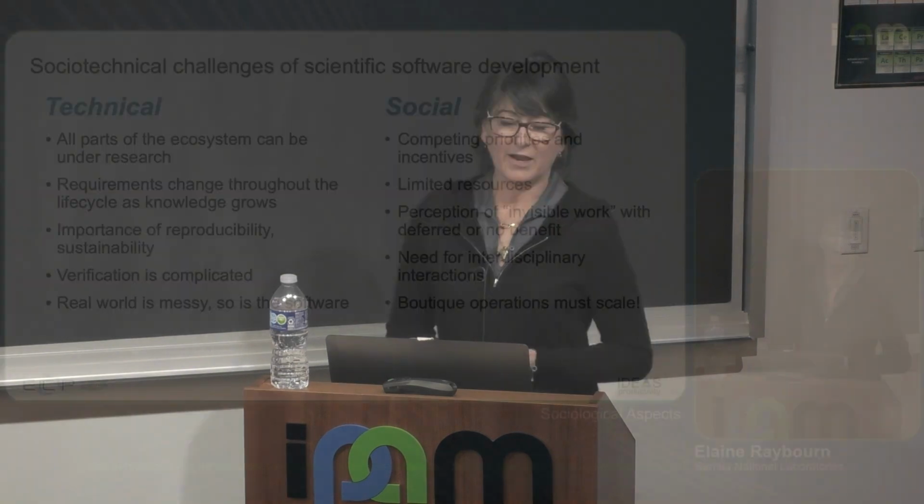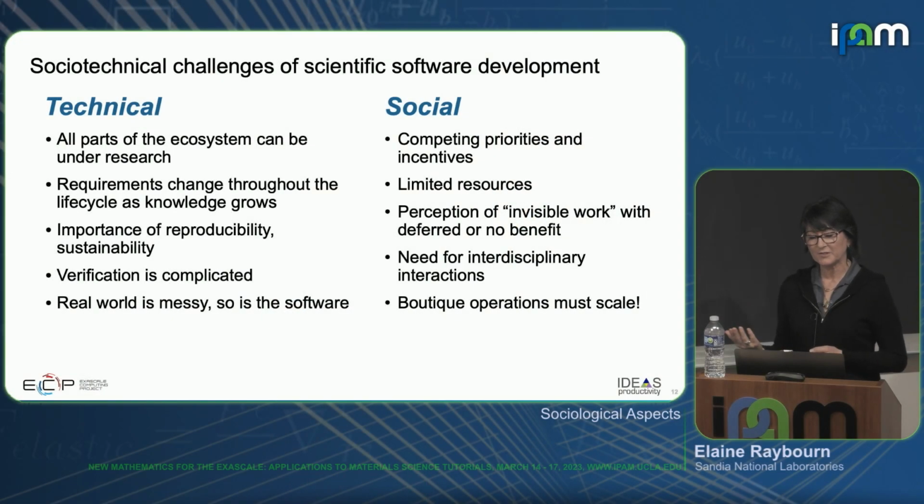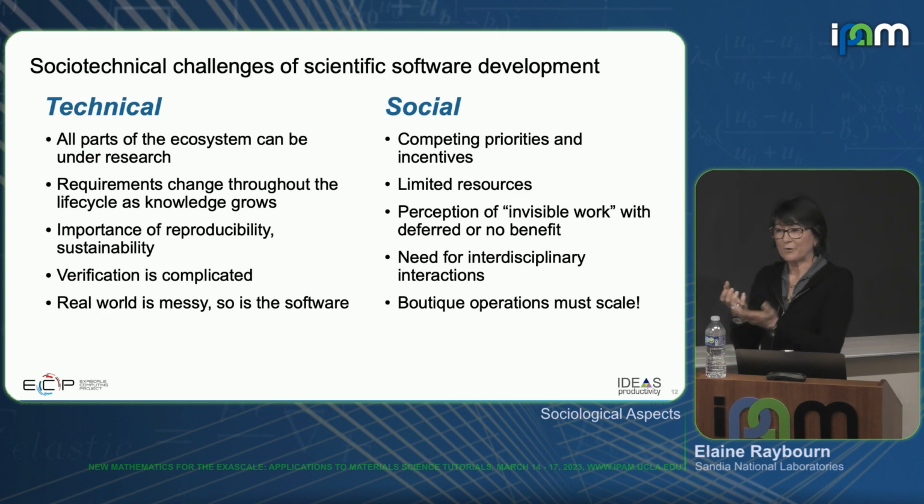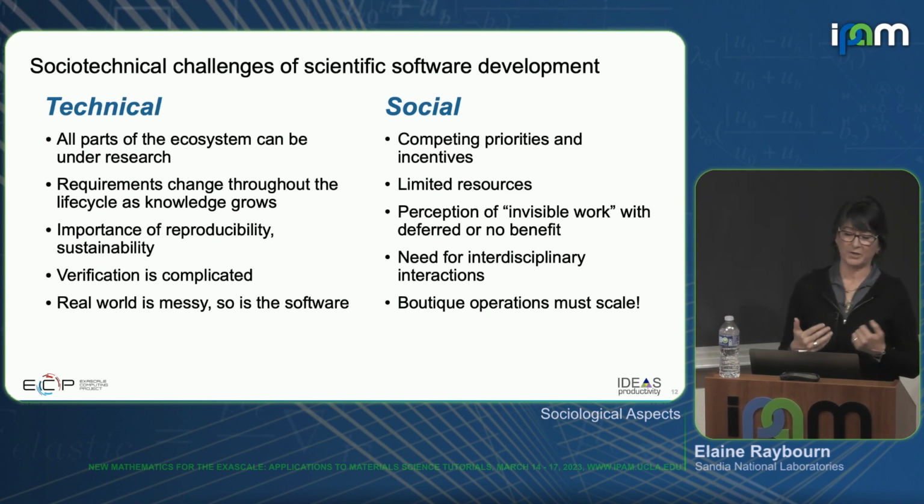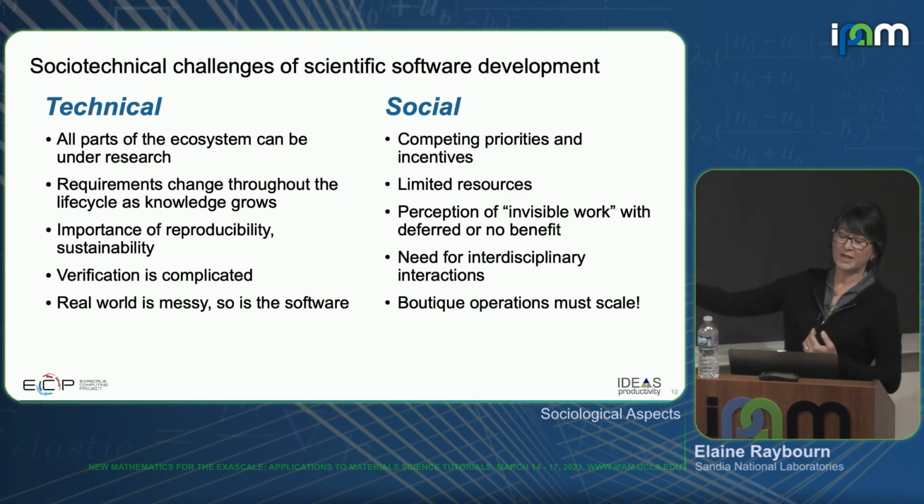Now, socially, what we're also finding is that there are competing priorities and incentives. Different teams and different members on teams are incentivized by different things. And there are often limited resources for teams, and there can be a lot of work that is under the hood, so to speak, so there's a perception that it's invisible.